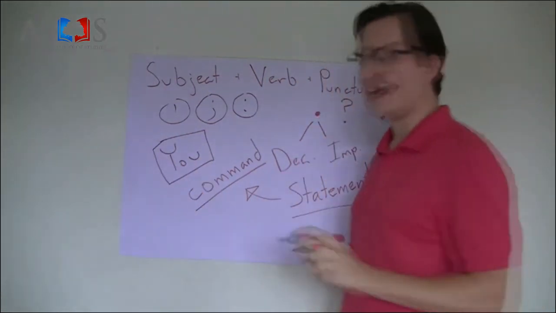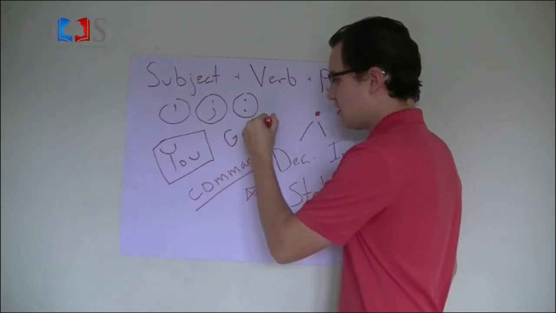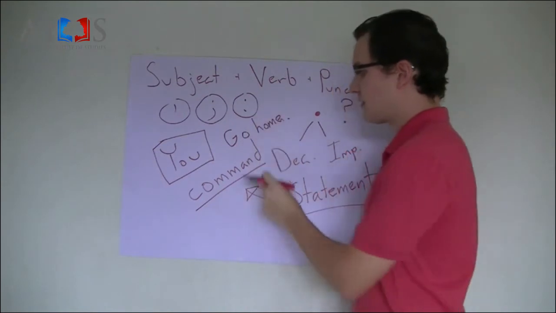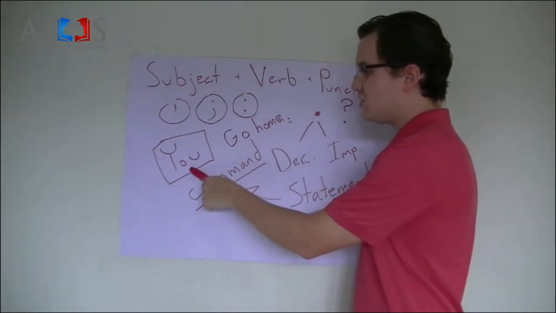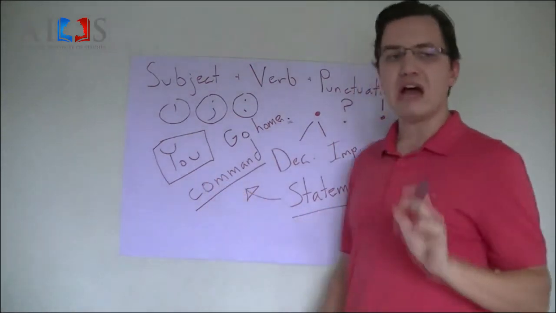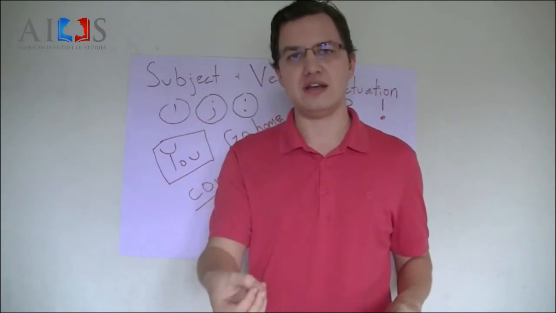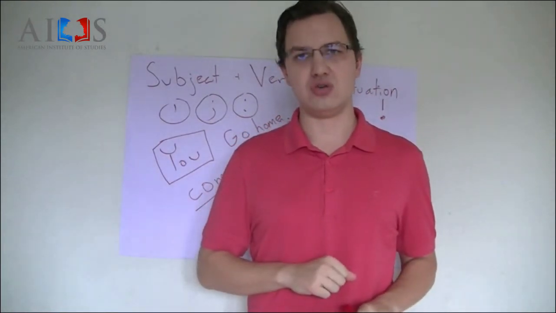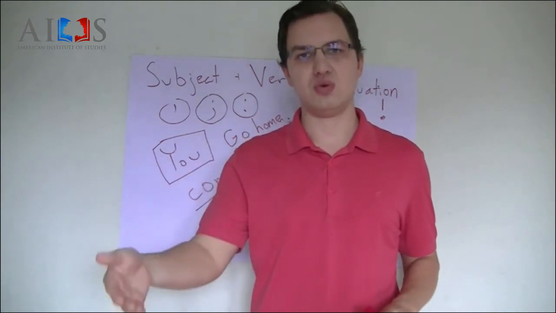But you don't write it. So in the sentence, go home, with a period on the end, the subject is you, but you don't write it. In English we say it's understood, and understood you. When you listen, you know the subject is you.